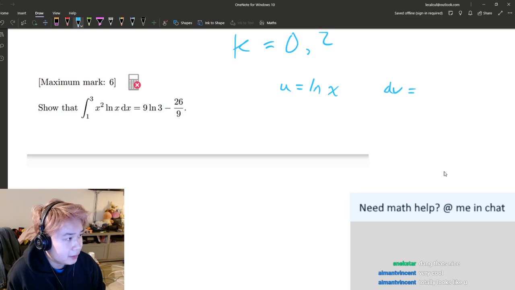If I make u natural log of x and I make dv x squared dx, then v is going to be 1/3 x cubed, and then taking the derivative of natural log x is quite straightforward. That's 1/x.